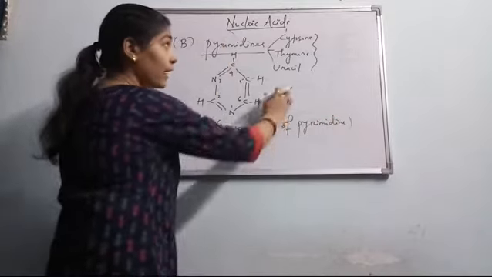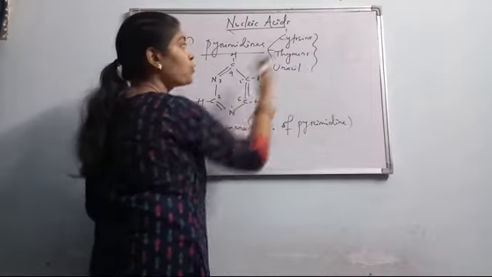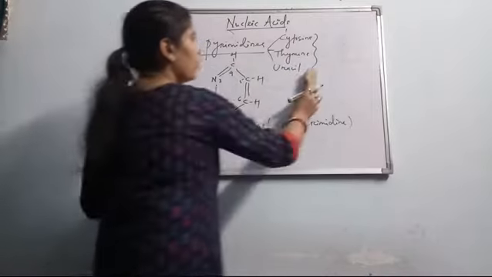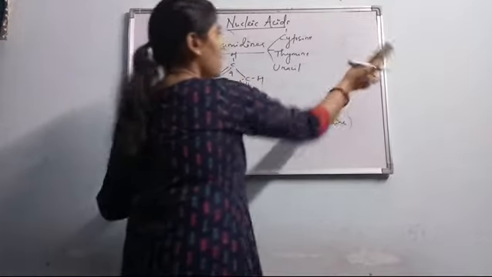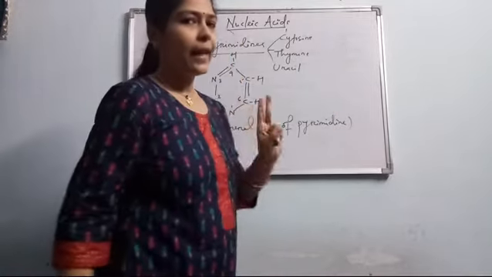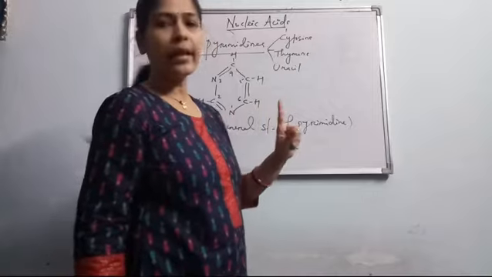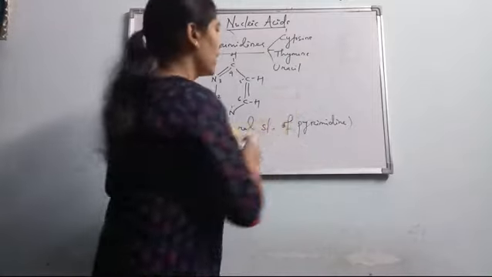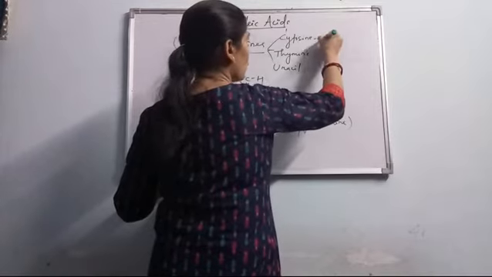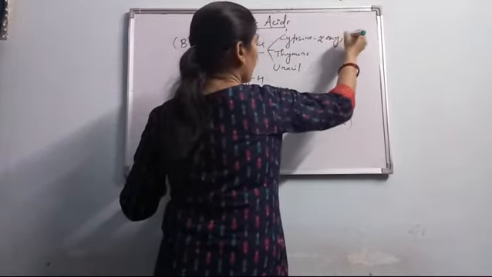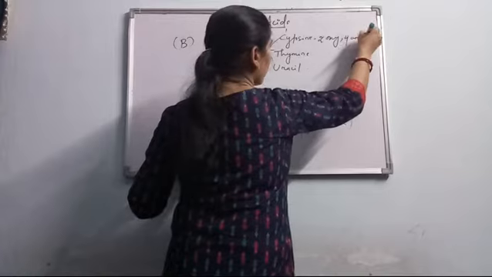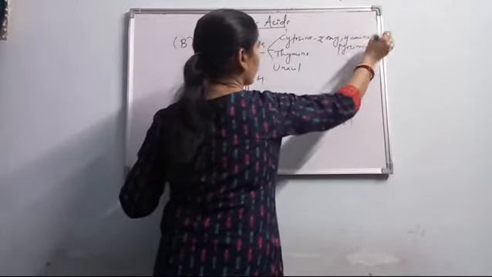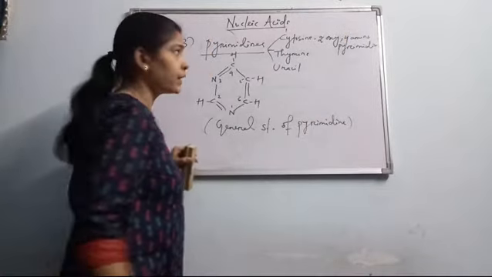Then we'll change this structure to see how cytosine is formed, what the structure of cytosine is, then thymine, then uracil. We'll discuss one by one. What I have told you: adenine is 6-aminopurine, guanine is 2-amino-6-oxypurine. Here cytosine is 2-oxy 4-amino pyrimidine.